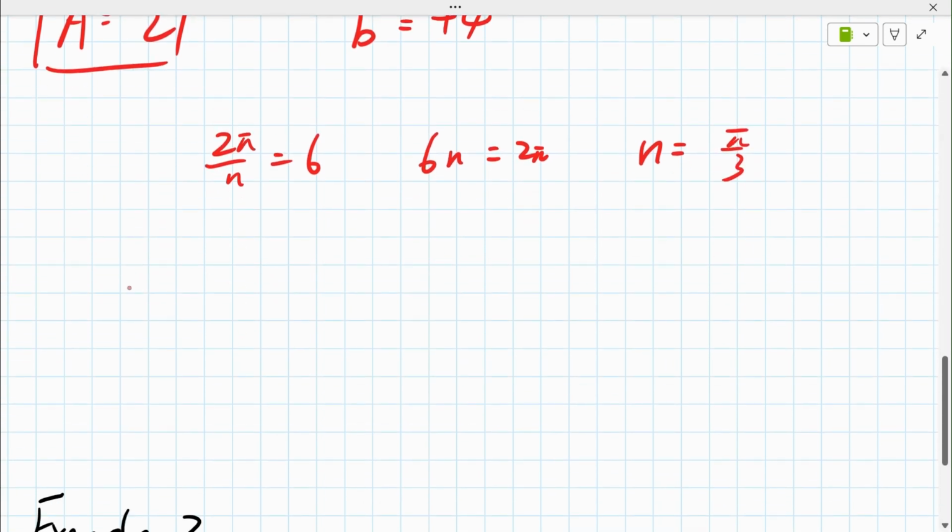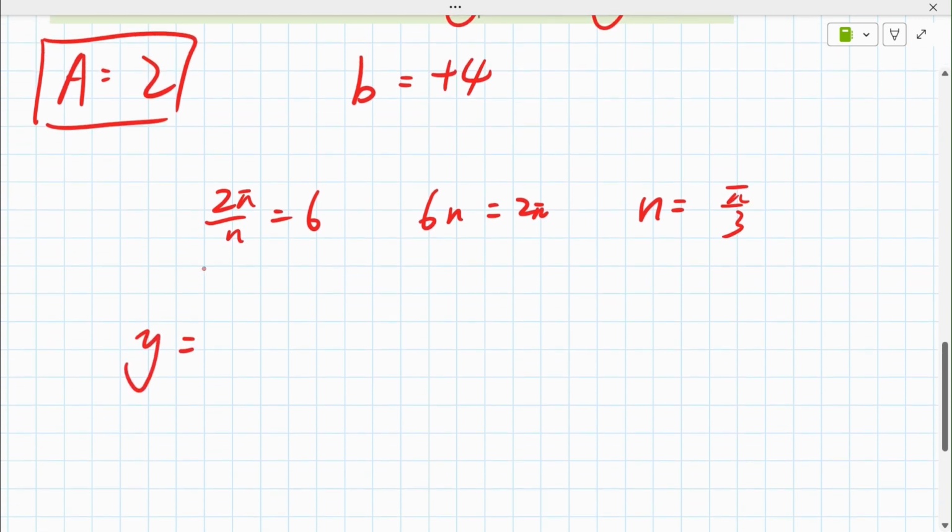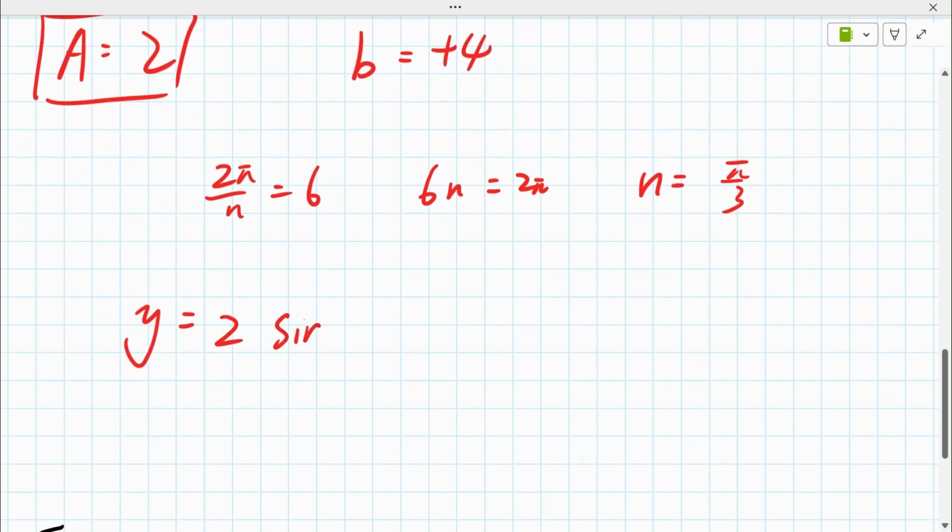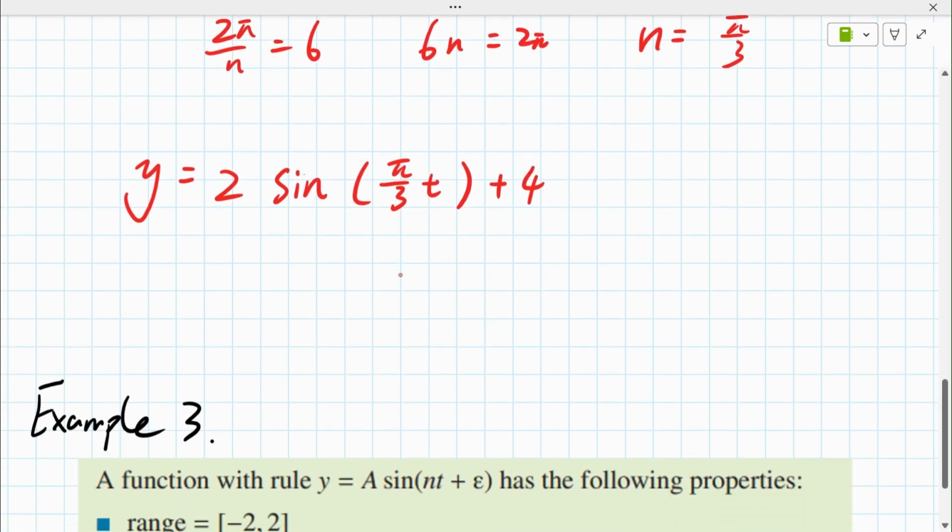Which means y equals 2 sine pi over 3 t plus 4. Yep, that's it.